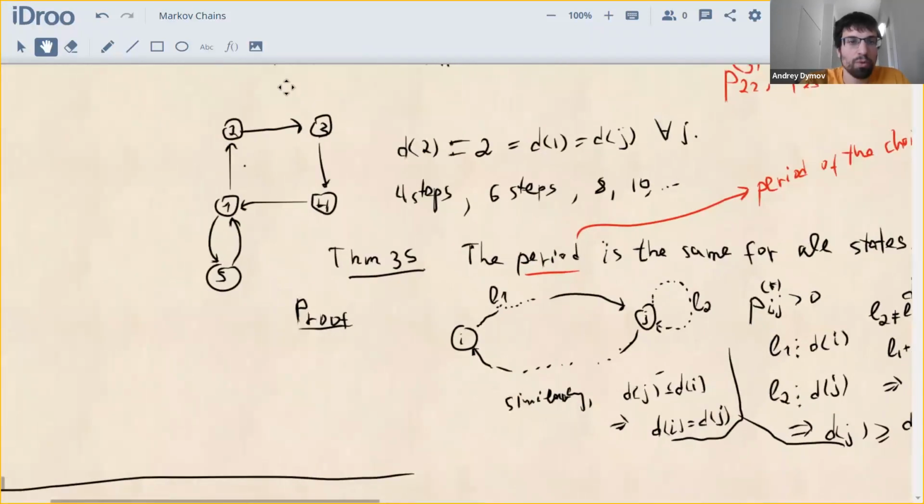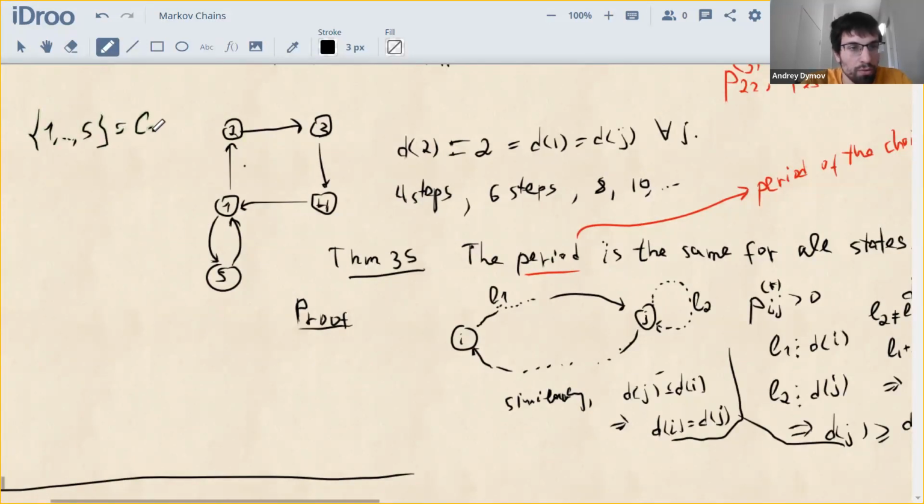So let us look at some more complicated example. The previous time we considered such a chain, and we found that the period of each state is 2. So we should be able to represent all states from 1 to 5 as a disjoint union of C1 with C2, such that the property mentioned in the theorem holds.